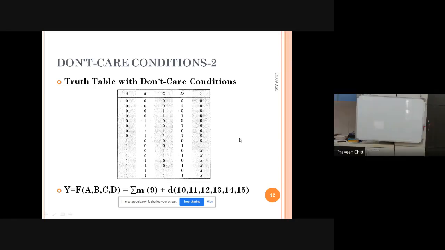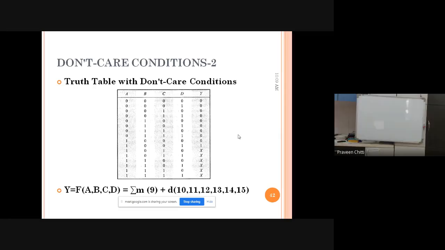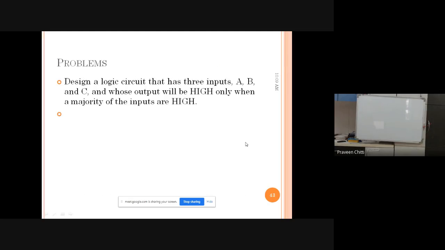Pi capital M, Pi m of 0 to 8: 0, 1, 2, 3, 4, 5, 6, 7, 8. Bracket complete. Dot. Then what you should write? Pi d 10, 11, 12, 13, 14, 15. I hope it is clear. All of you understood SOP and POS expressions with don't cares.